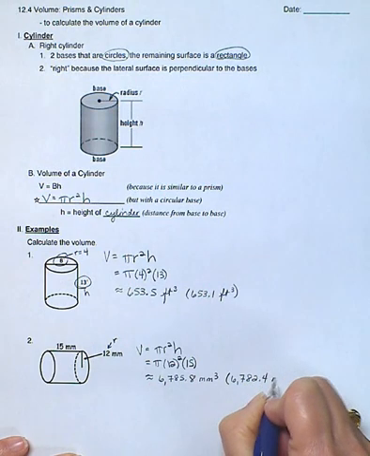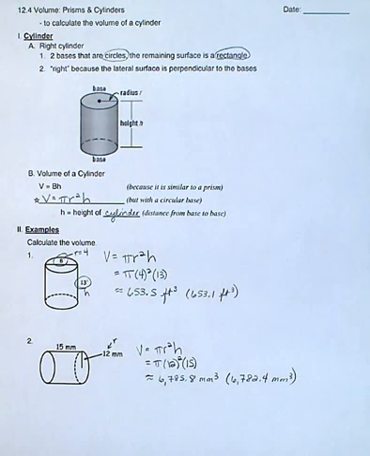So they are slightly different, but that's okay. And when you're entering your answers on the online page, either one of the answers will be found acceptable. Remember that you do not have to enter the label feet cubed or millimeters cubed.